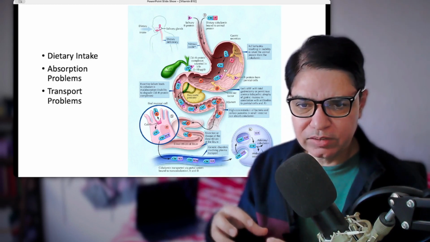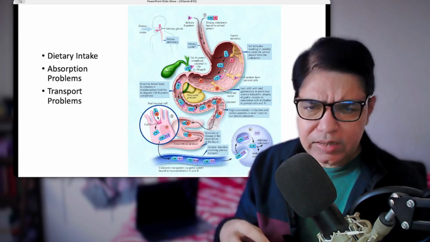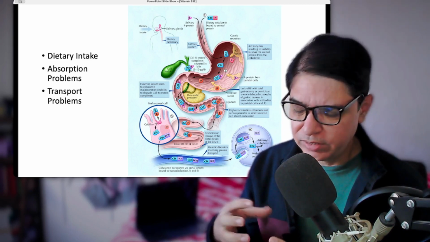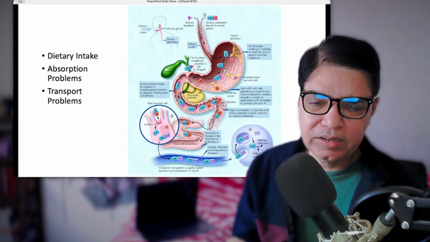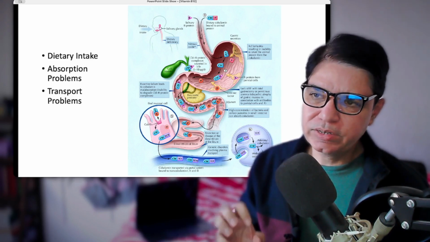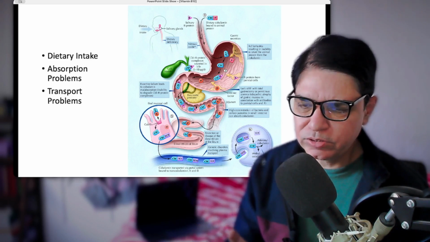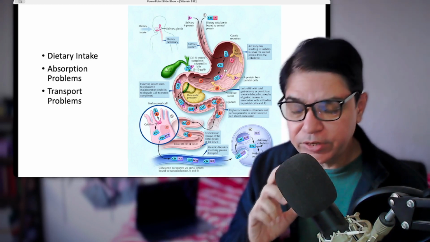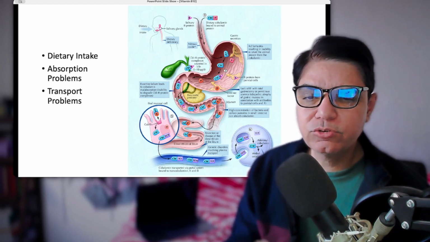So only if this complex of intrinsic factor and vitamin B12 cobalamin is attached together, then it would be absorbed by the intestinal epithelial cells. Once it is absorbed, it goes into the liver, and from the liver it is metabolized for different functions of the body, especially in the formation of certain ingredients for the integrity of the myelin sheath, but usually some of it is stored in the liver as well.